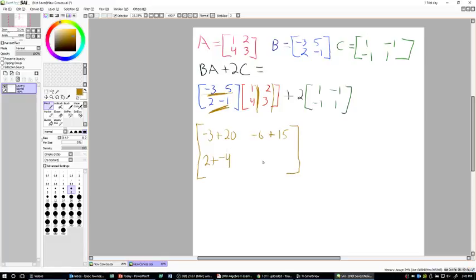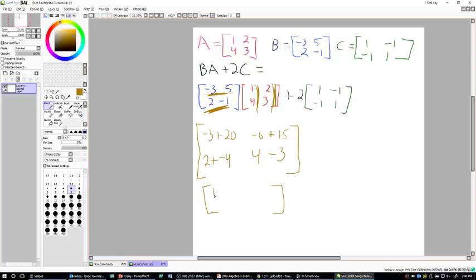Finally, row 2, column 2: row 2 times column 2, 2 times 2 and negative 1 times 3. After I do that arithmetic, I've got the 4 elements of this matrix.